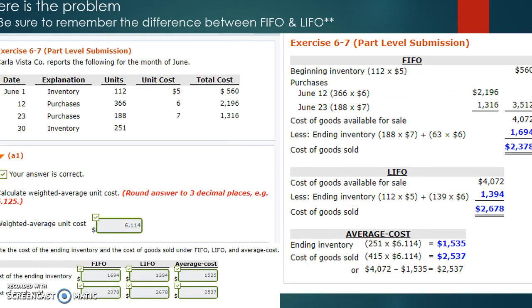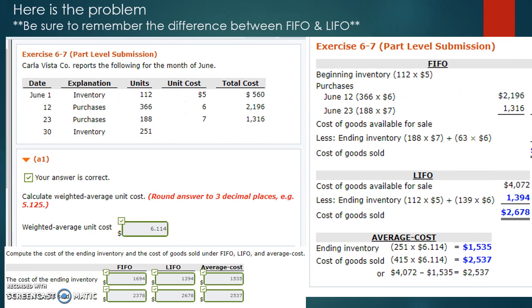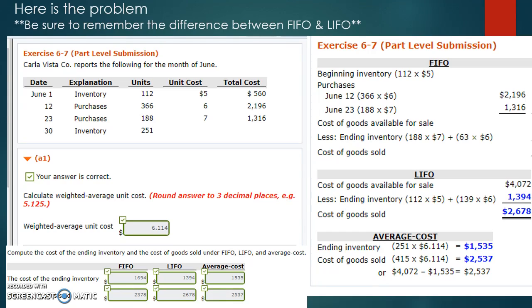Okay, this is going to be the concluding part of the lesson, and this slide has a lot more details, but I'll see if I can run through it as quickly as I can. This is where we are supposed to work out the cost flow that has to do with FIFO, LIFO, and the average cost.